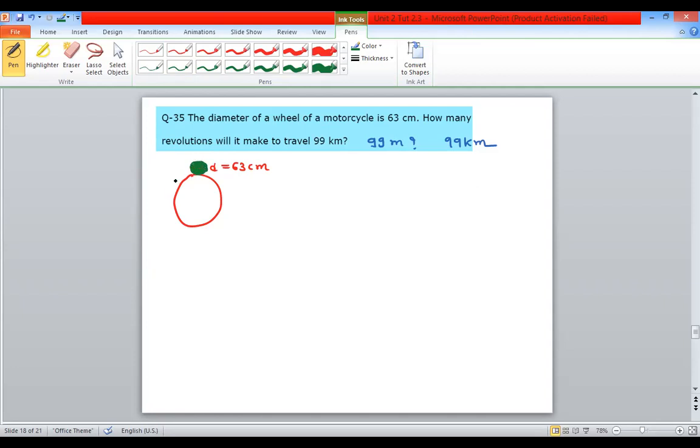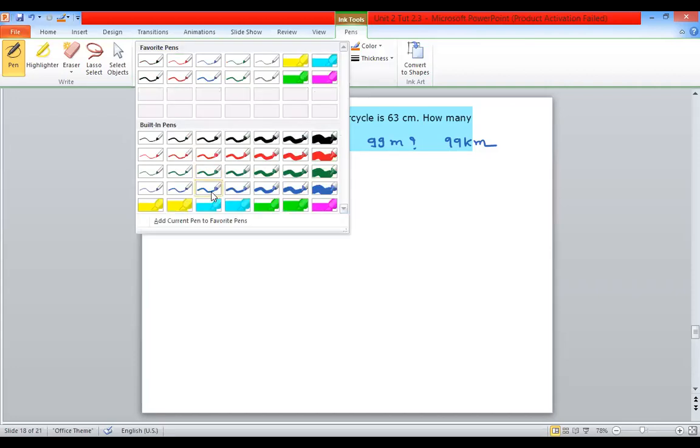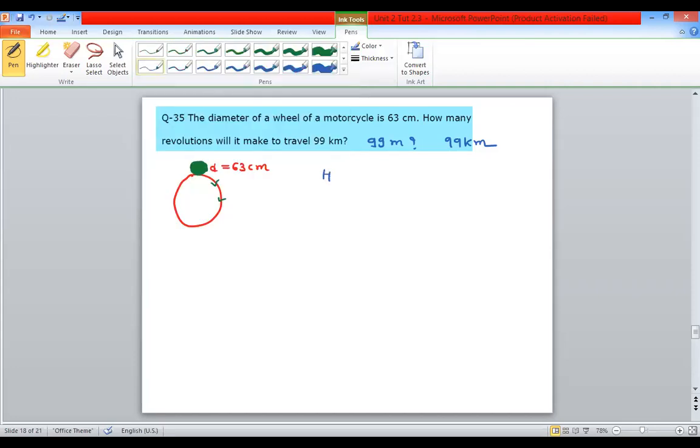Okay, let me find. This wheel is moving from here and travels the total distance. So first of all you find the circumference of the wheel. Using the diameter and its relation to the radius, it is easy to find. Here diameter d is equal to 63 centimeter.